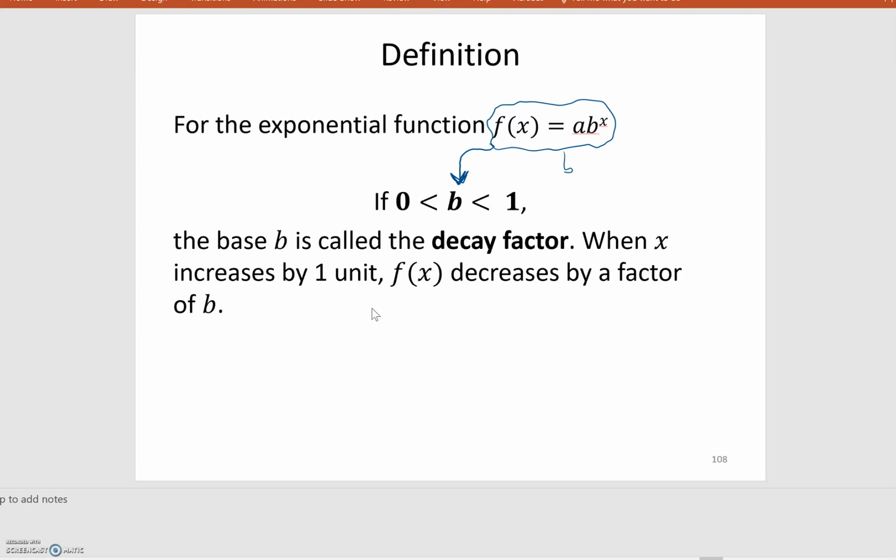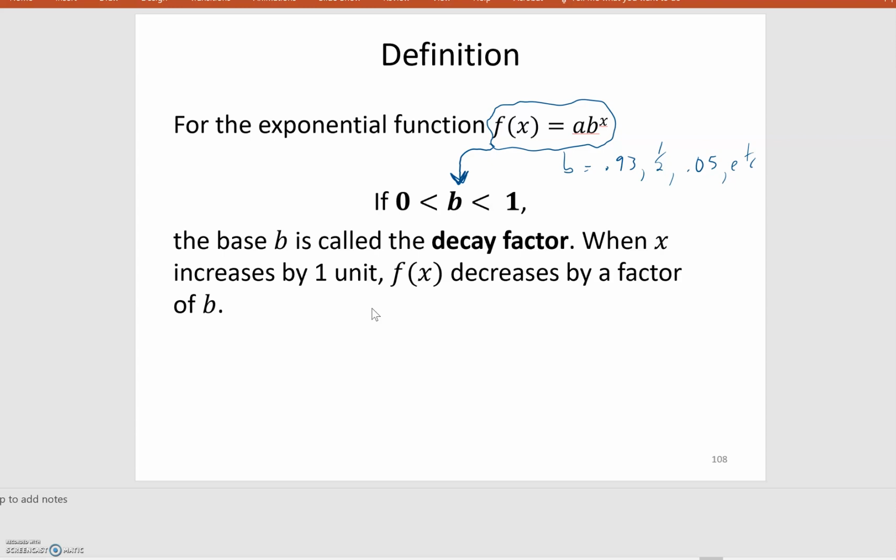So b could be 0.93 or 1/2 or 0.05, etc. Okay, but b cannot be larger than 1 or equal to 1.